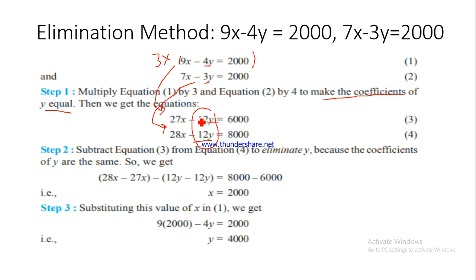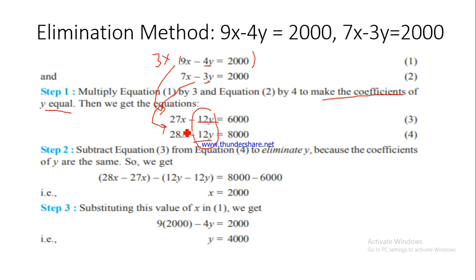So now, since the sign is the same, you would be subtracting equation 3 from equation 4. We can go the other way around also. We can subtract equation 4 from equation 3. That is not going to make any difference to our method or to the answer. So now we are subtracting equation 3 from equation 4, and what do we get? Have a look.